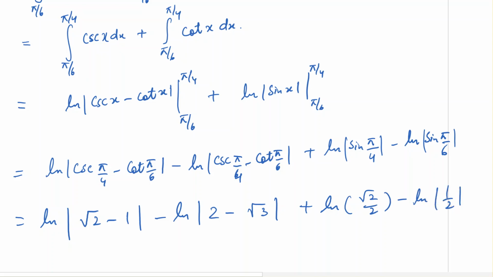So when you know the values are positive, you can just put the brackets, or if you are not comfortable with that, you can just keep using your absolute value signs.